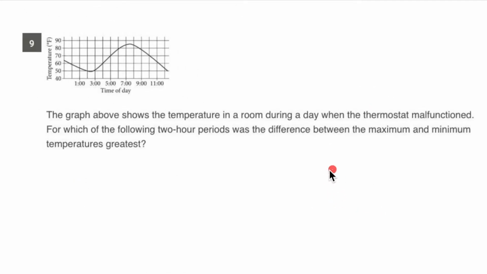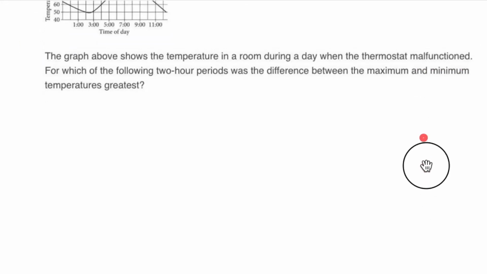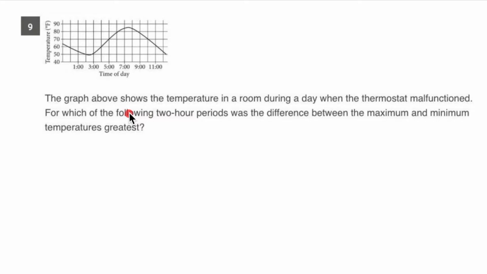Okay, so let's see. Again, the answers are on the other page, so I can just tell you what they're going to be here. The graph above shows the temperature in a room during the day when the thermostat malfunctioned. For which of the following 2-hour periods was the difference between the maximum and minimum temperature the greatest?